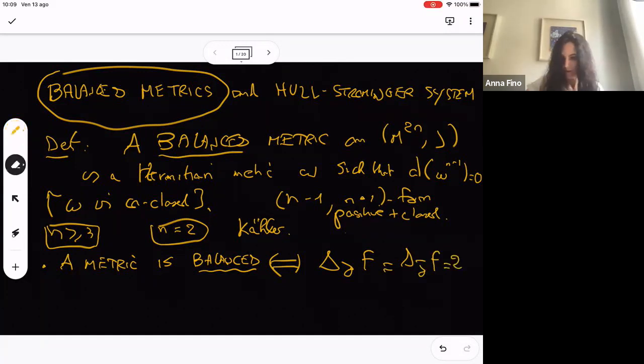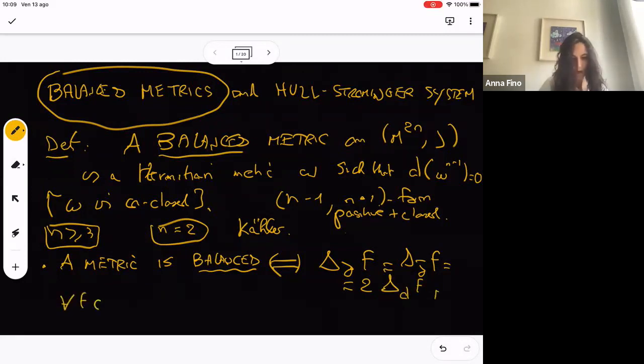which is equal to 2 times the usual Laplacian with respect to d, for any smooth function f on M with values in C. This is a nice result.